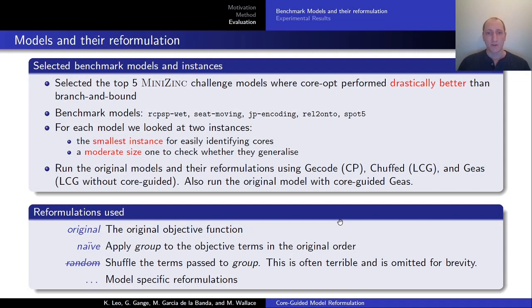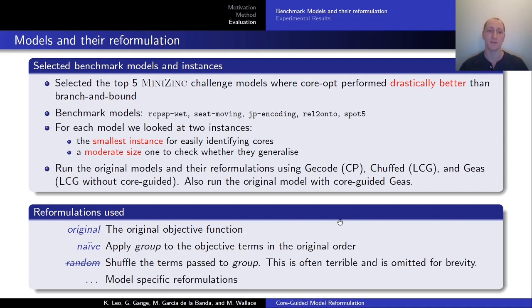Each instance and reformulation was executed with Gecode, which is a straight CP solver, Chuffed, which is an LCG solver, and Geese, which is an LCG solver, and we disabled core guided search. For each model, we always have the original objective function.